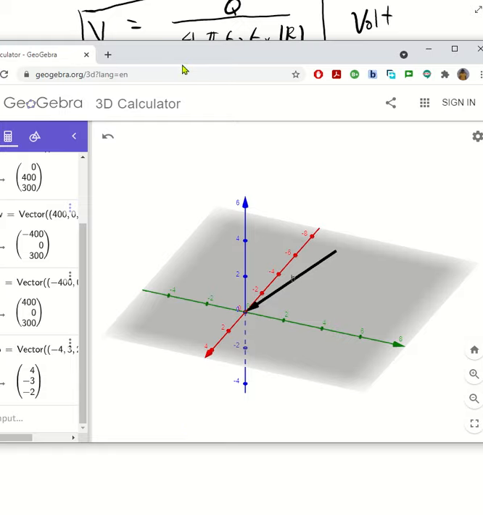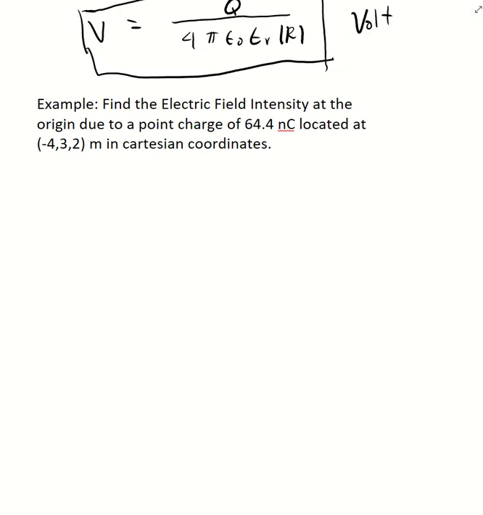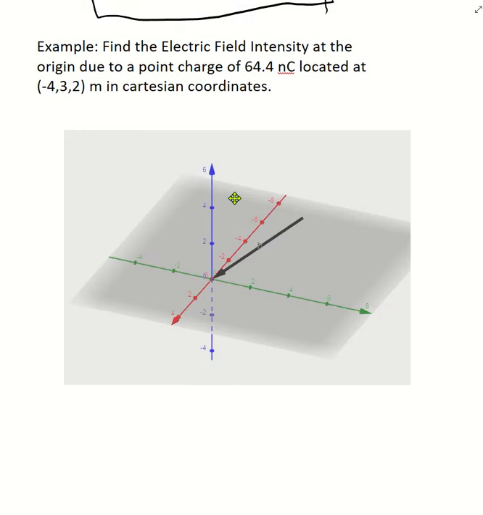So if you have the charge at this point, and we want to determine the electric field at this point, the direction will be in that direction.